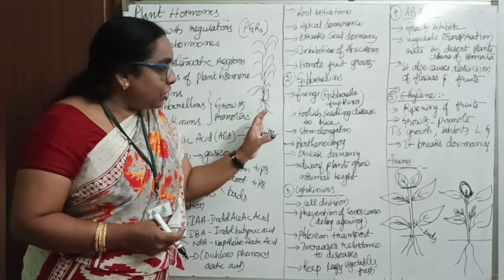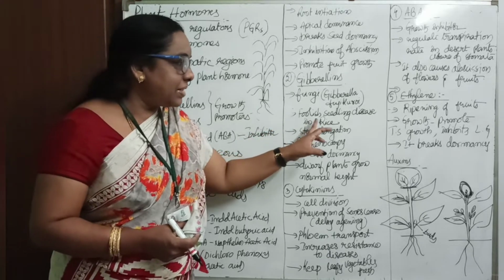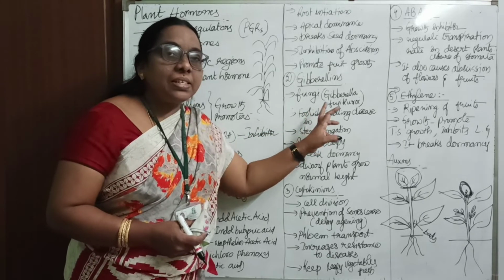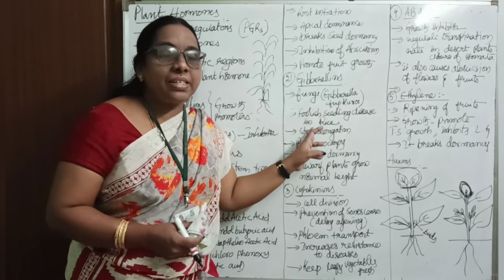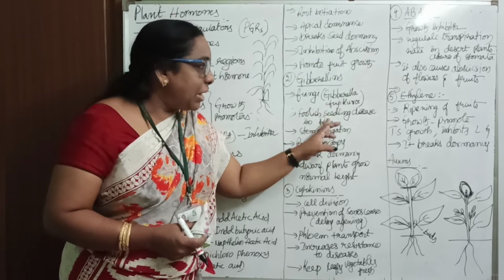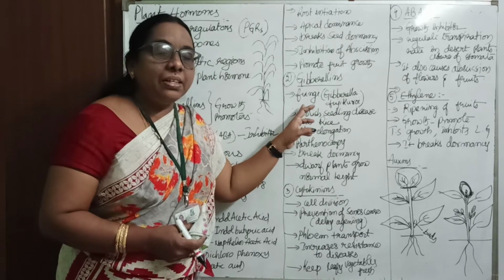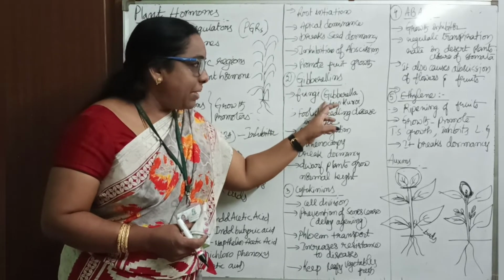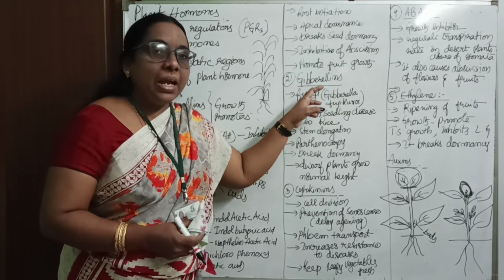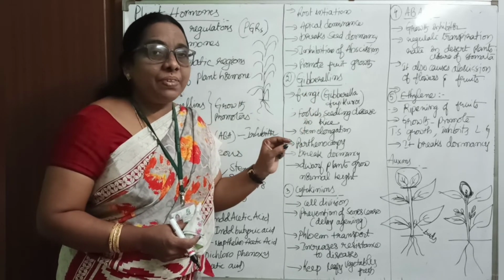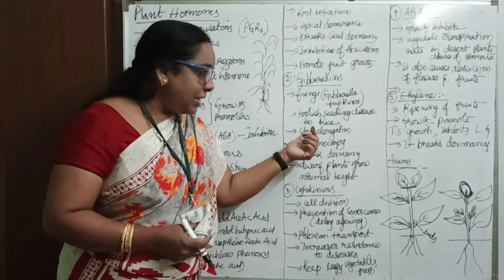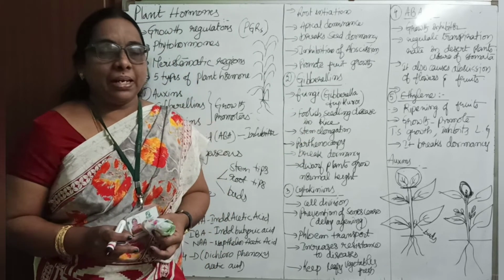So that's the reason this disease is called foolish seedling disease in paddy or rice, because of the excess release of the fungus Gibberella fujikuroi. They identified that if gibberellic acids are there, stem elongation of the plant will occur.